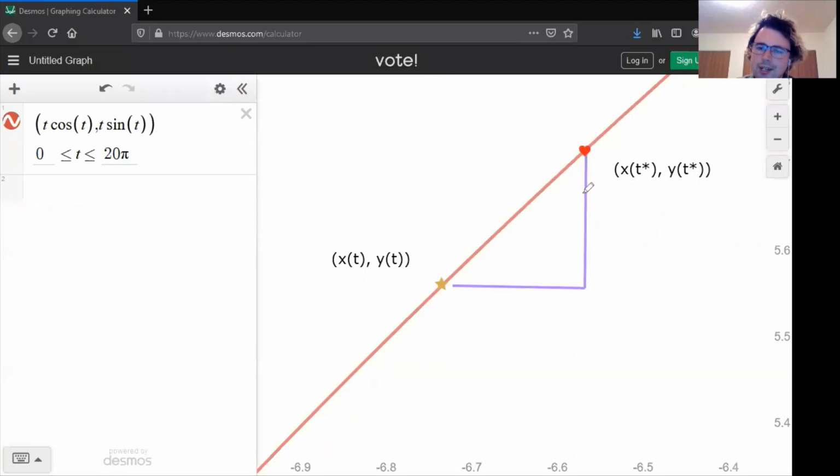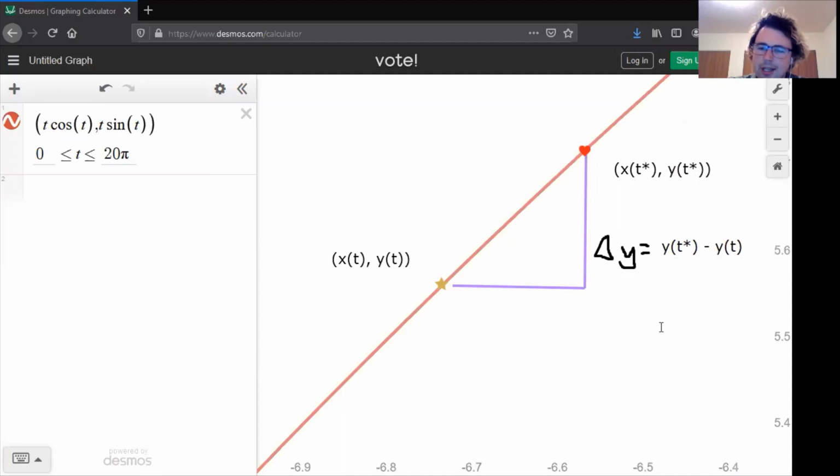Well, what is the difference in the y's here? That's literally what I mean by my delta y, the difference. Delta is the Greek equivalent of d, d for difference. Delta y is going to be just literally the difference, subtraction. So y of, let's say, t star minus y of t.